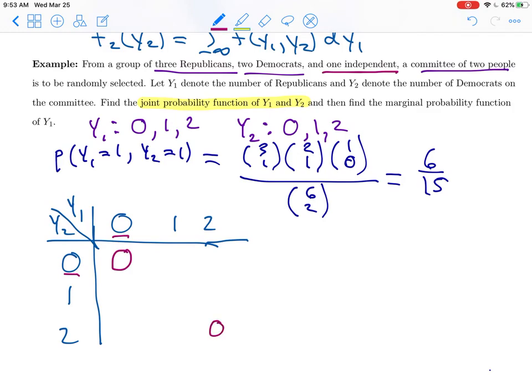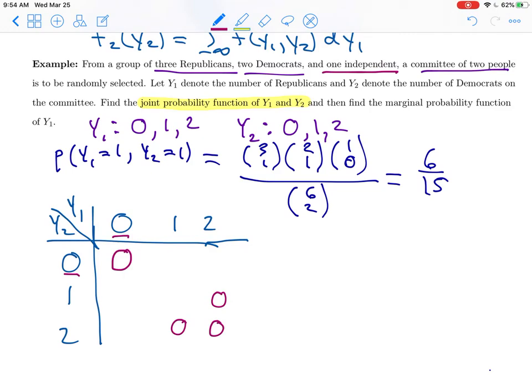Similarly, the probability that we have exactly 2 Republicans and 2 Democrats is going to be 0, or 1 of one and 2 of the other is also going to be 0, because any of those committees would be forced to have more than 2 persons, so it makes no sense to have a 2-person committee with 4 people on it, or a 2-person committee with 3 people on it.